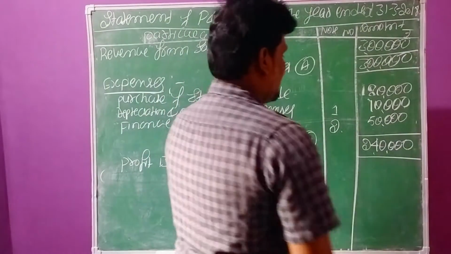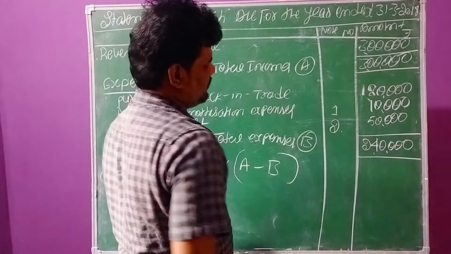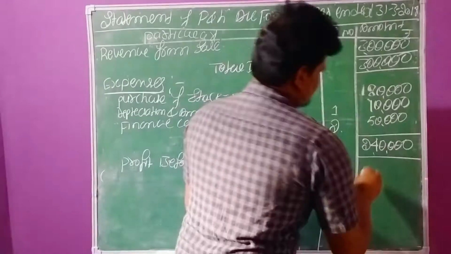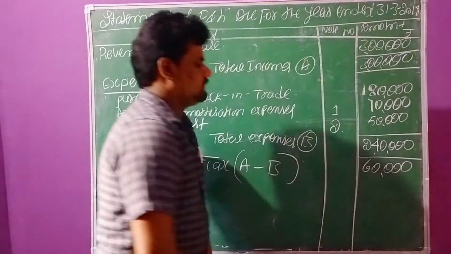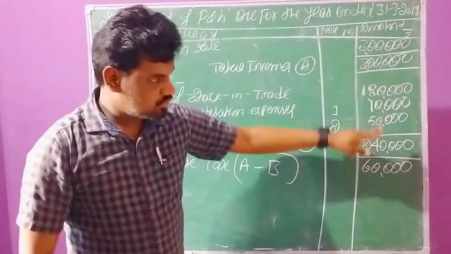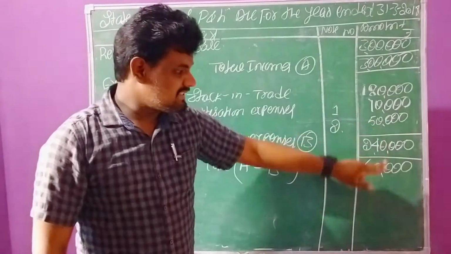Now we have to ascertain the difference. The remaining balance is 60,000.